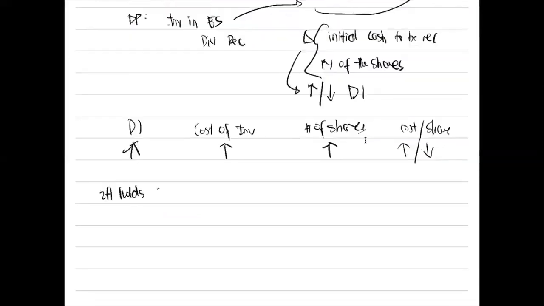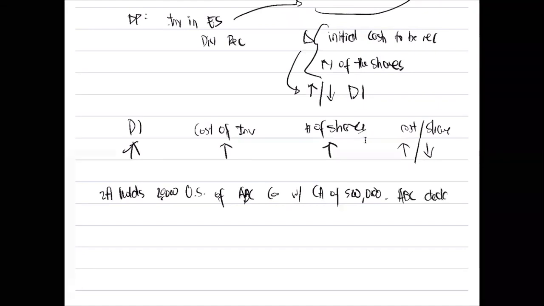2A holds 20,000 ordinary shares of ABC company with carrying amount of 500,000 pesos. ABC declared 2 pesos per share cash dividend.